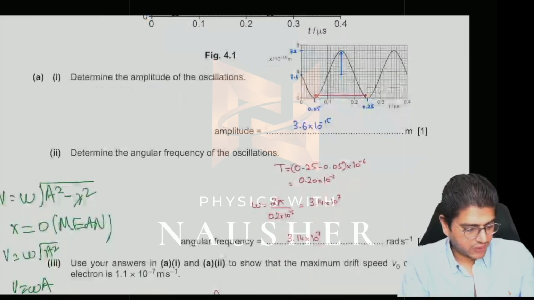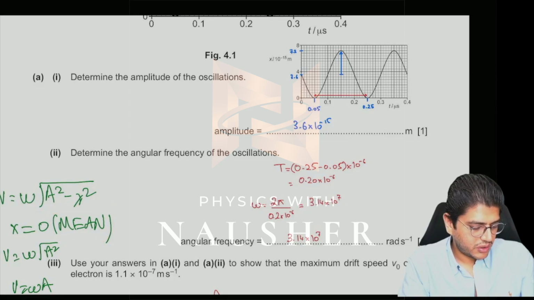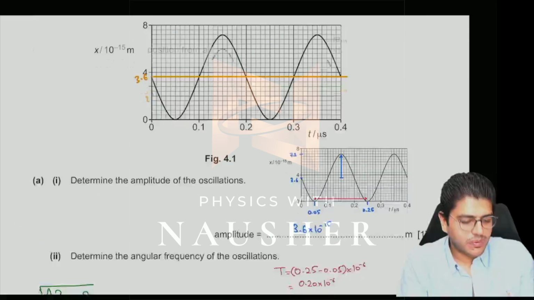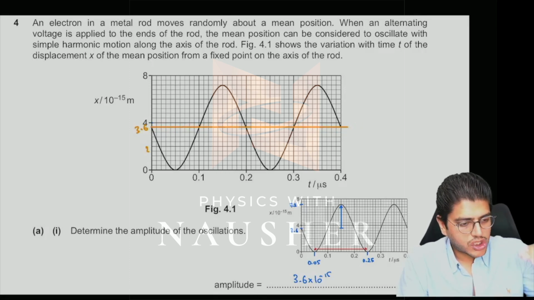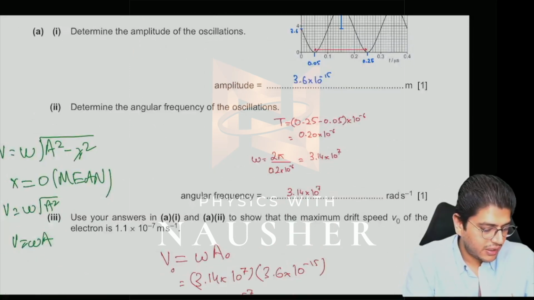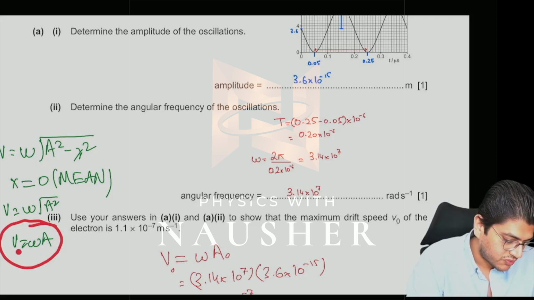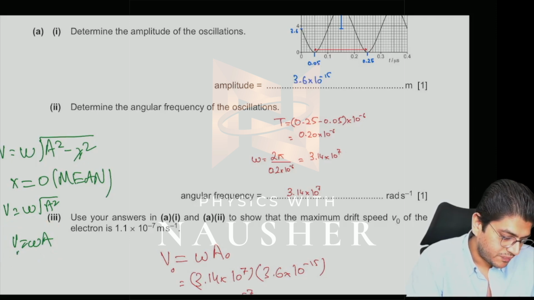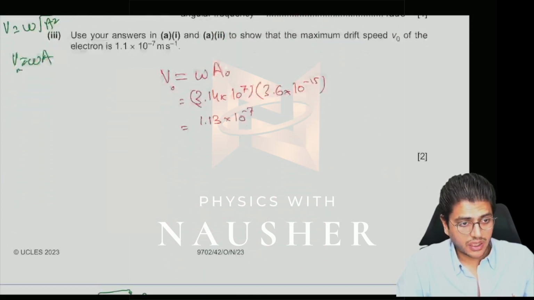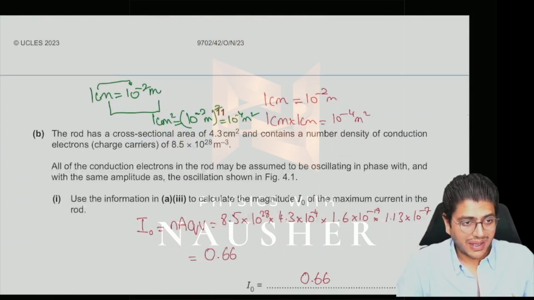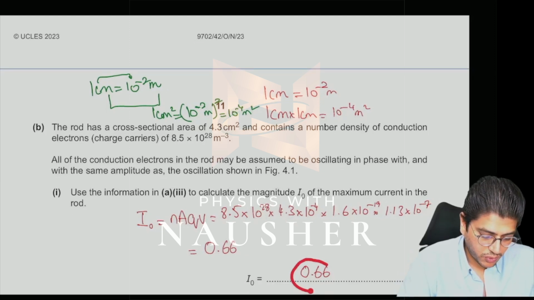I wrote that over here. When you're on the mean line, at your mean position, your speed will always be maximum. So this formula is for maximum speed, and at the mean position the current is also going to be maximum. That maximum value is 0.66.